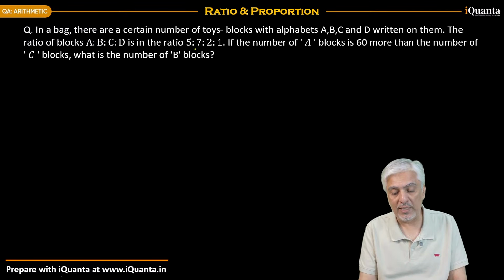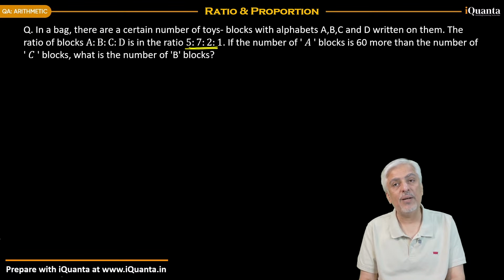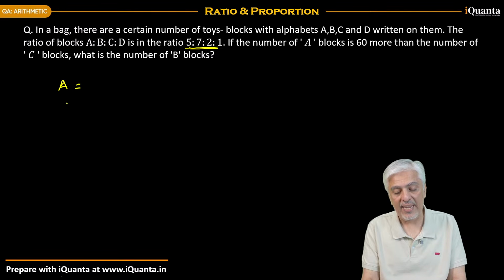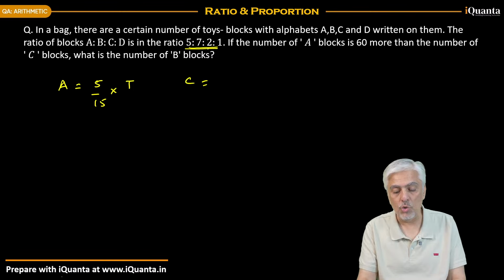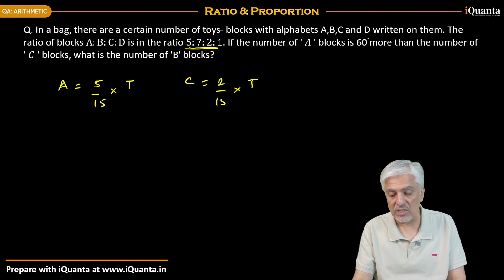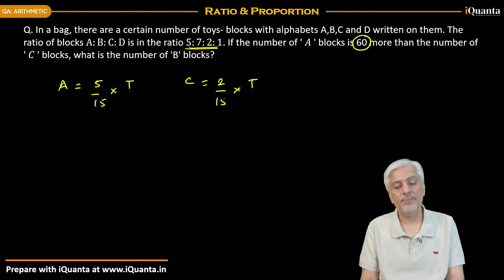So for example, over here, total was 15. Total were 15 parts, right? So I can say A is 5 by 15 of the total. Let's call the total as T. And C is 2 parts. So C is 2 by 15 of the total. And this difference is 60.